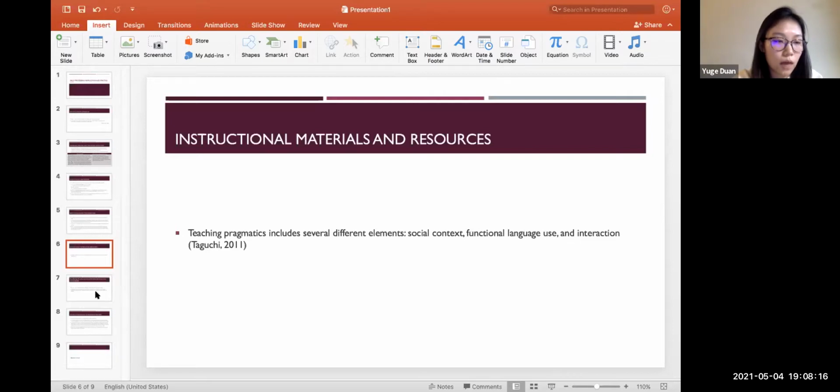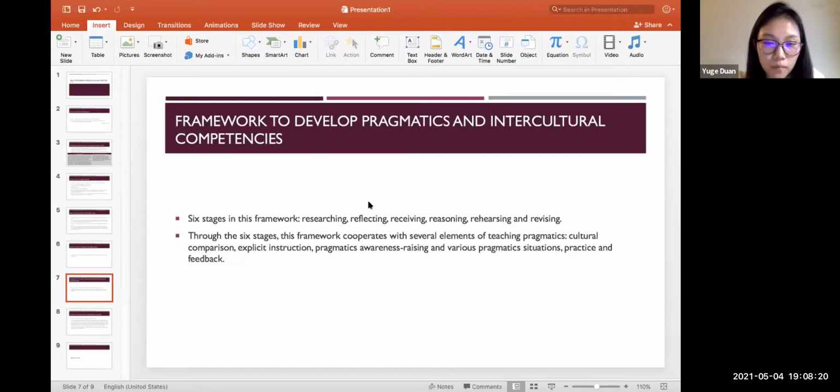And here I want to first introduce a framework which is designed to develop pragmatics and intercultural competences. So during researching and reflecting, pragmatics concepts were introduced to learners.